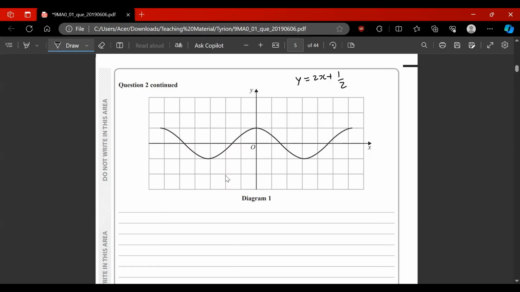From this, we know the y-intercept is half, and with that gradient, it would be something like this. You can see there's only going to be one intersection. Therefore, there's only one real root for the intersection of y equals 2x plus half and y equals cos x.